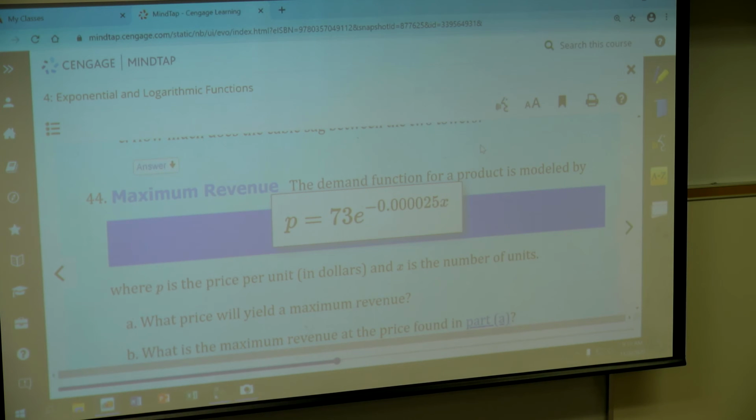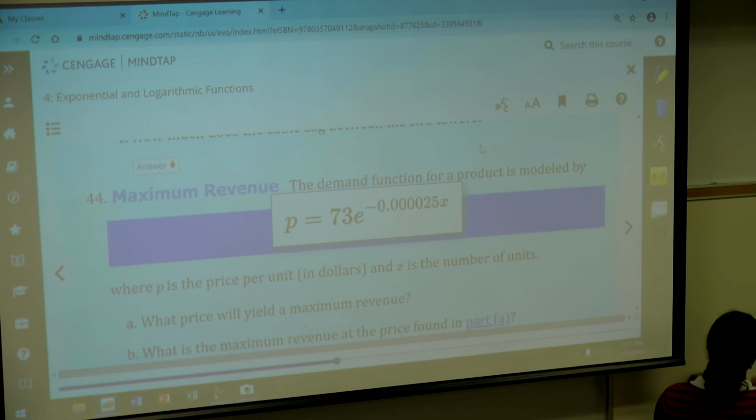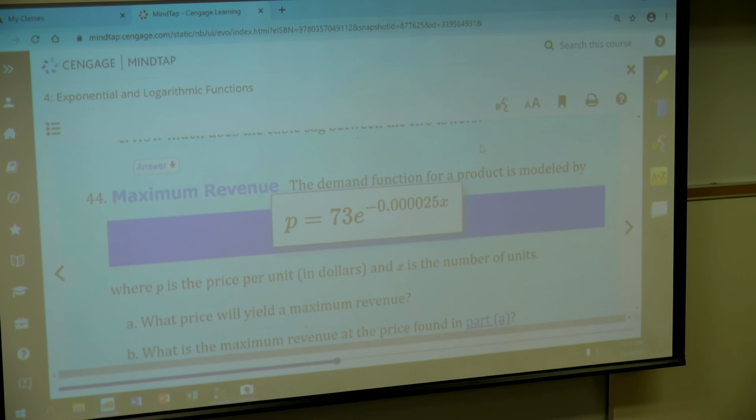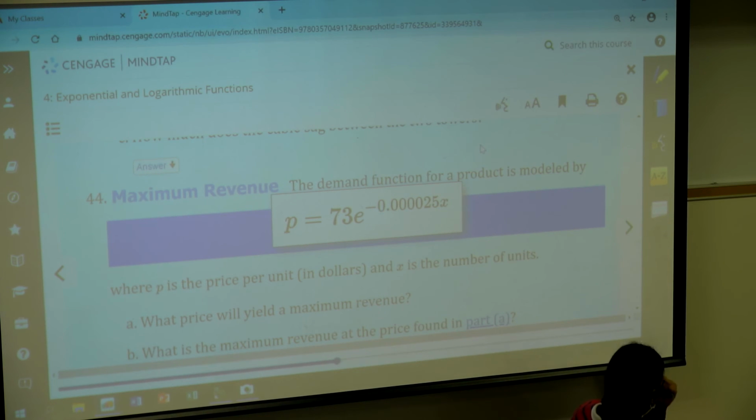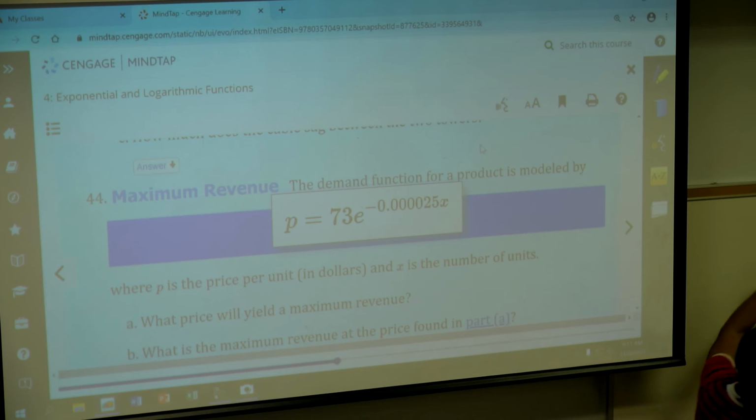The original price function that's given in the problem is 73 times that messy expression. What we need is the derivative of the revenue, not the price, which is why I demonstrated that, because that's the most common mistake that I've seen students make.